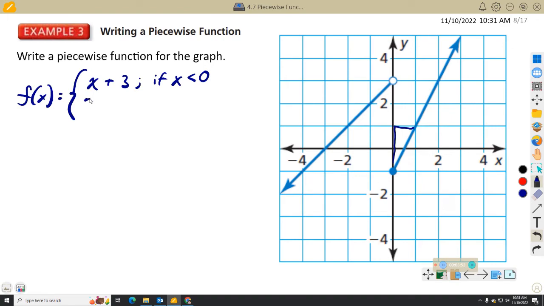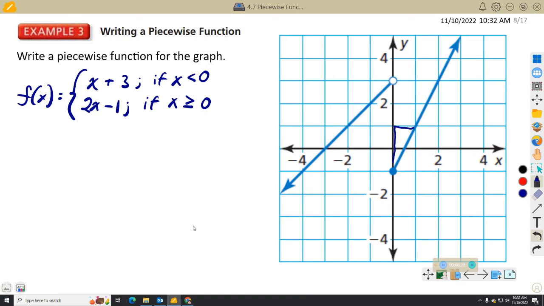So a slope of 2, so 2x minus 1, and that's going to be f if x is greater than or equal to 0. I'm looking at this part of the graph. It's to the right of the y-axis. That's where the positive numbers are. So x is greater than or equal to 0.